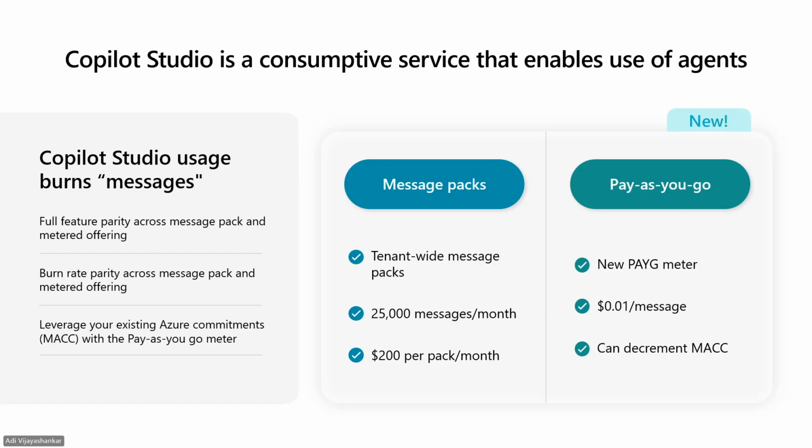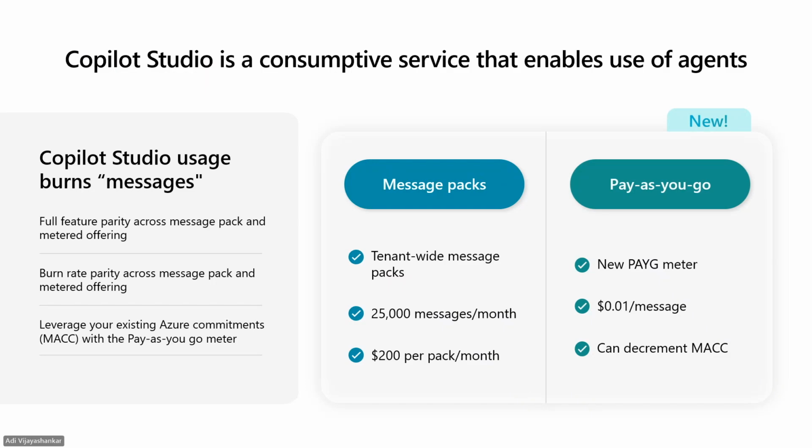So if you have separate agents, the supplier communications agent, other agents, or maybe you're building your own agents, you could use them across all of these. So it's not only the supplier communications agent, but all. Or if you want to start small and you don't need that many messages, you have the pay as you go option, where every message is 1 cent of $1.